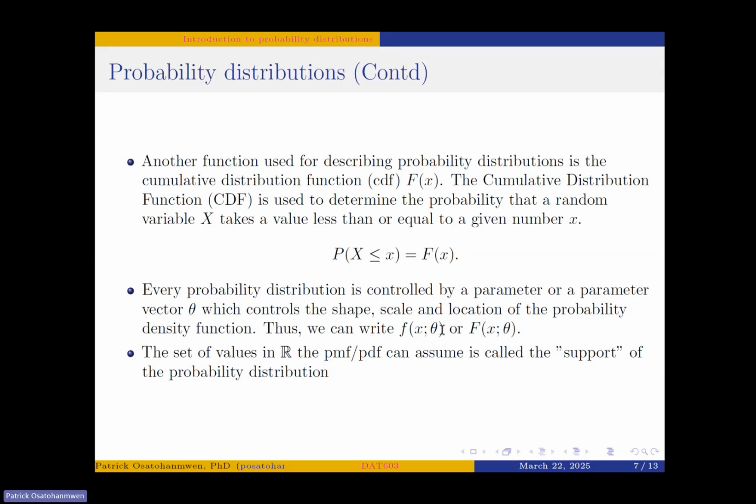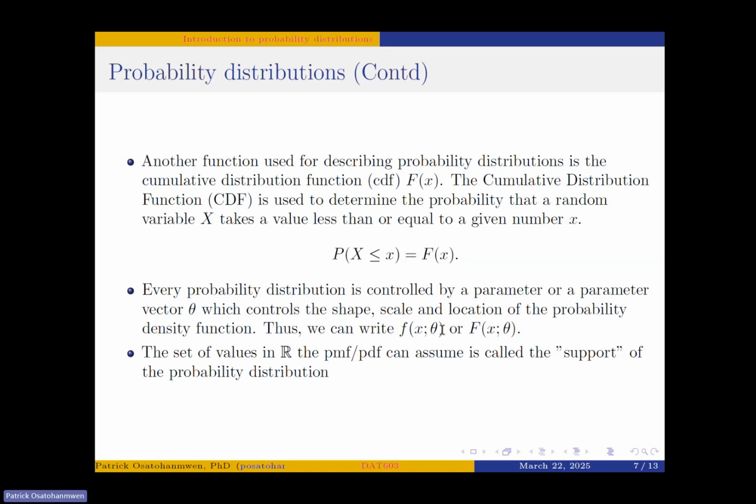Okay, that is just the parameter that controls the shape of the distribution. If you change that probability, or if you change the number of observations, you will see that the density changes. So any parameter that changes the shape of the density is a shape parameter. If it changes the scale of the density, it is a scale parameter. If it changes the location of the density, it is a location parameter.